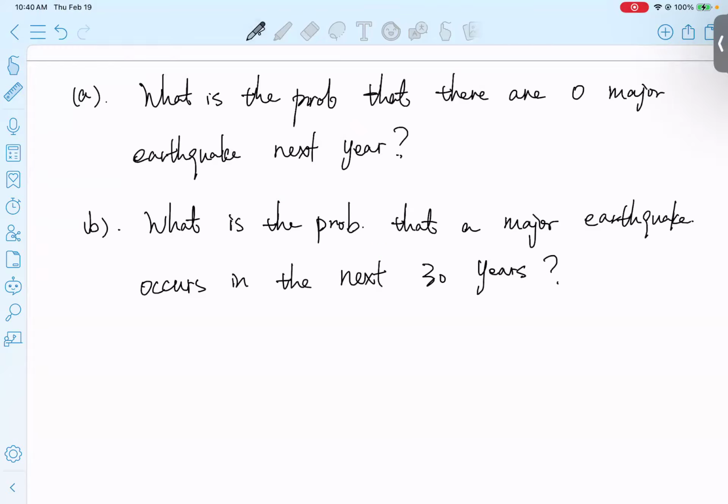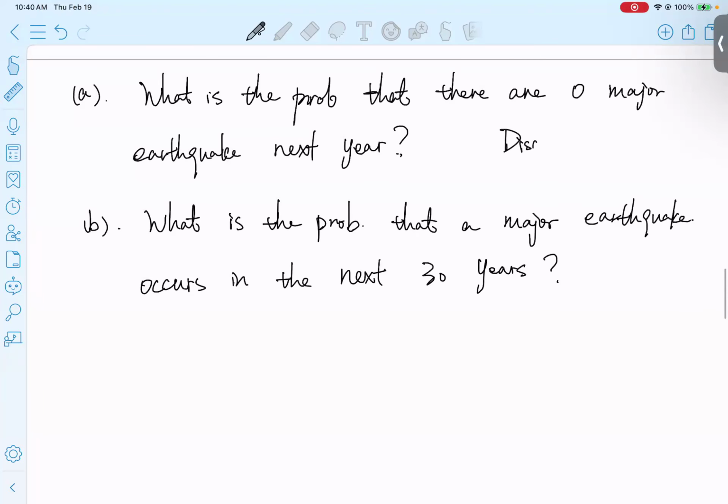Okay. Actually, I would consider part B as a continuous case. So these are my thoughts. The first one is the discrete case, and for the second one, I would consider it a continuous case.